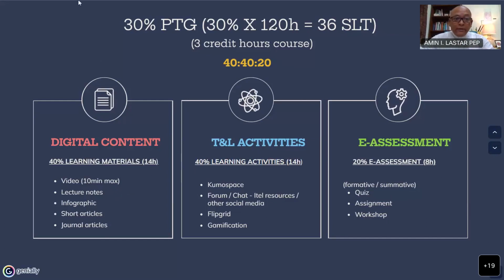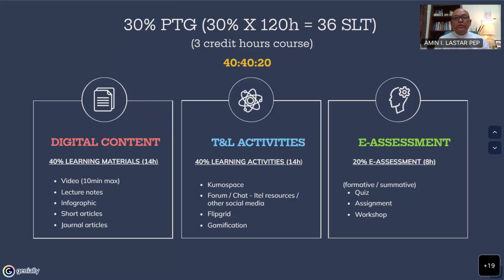video, because make sure that your video is 10 minutes maximum in one particular topic. So what do I mean by 10 minutes? You can use 10 minutes or 3 minutes, or the combination of 2 videos, 3 minutes, 3 minutes, or 1 minute and a half or 2 minutes, as long as it's not more than 10 minutes.